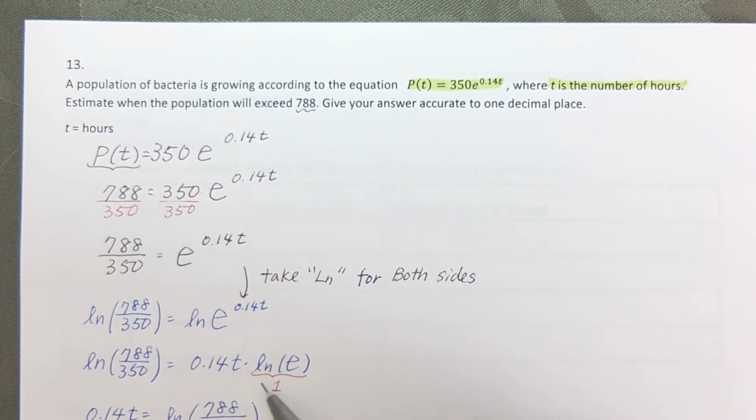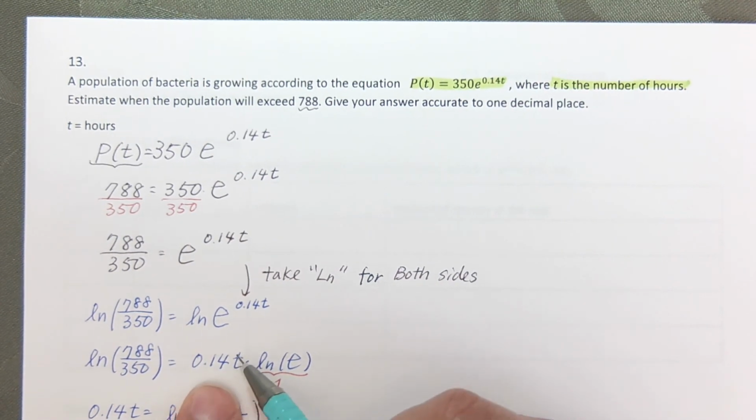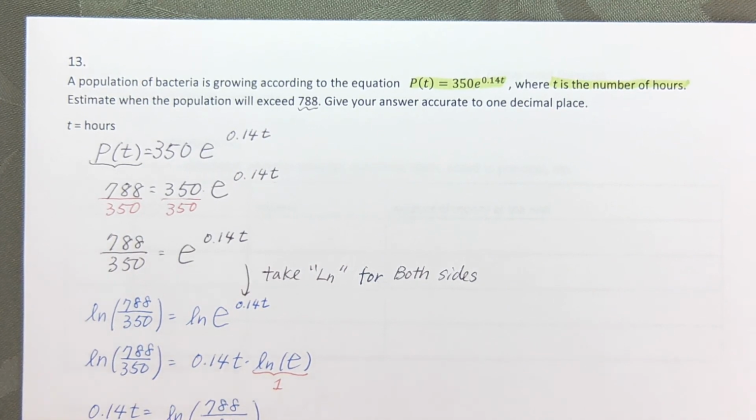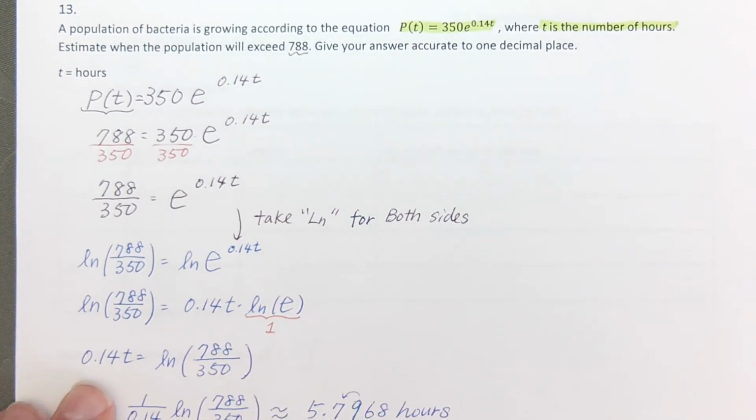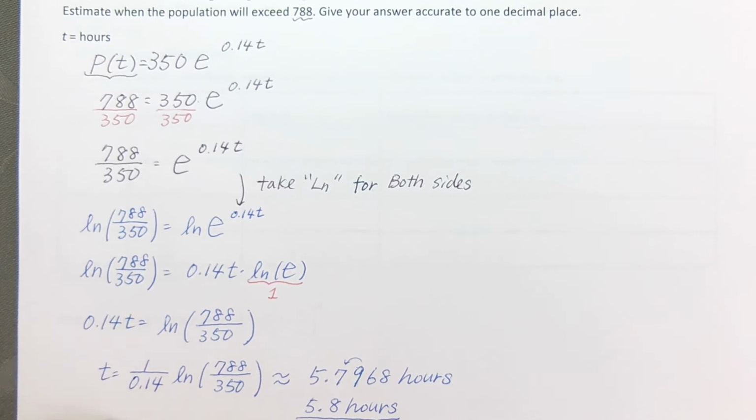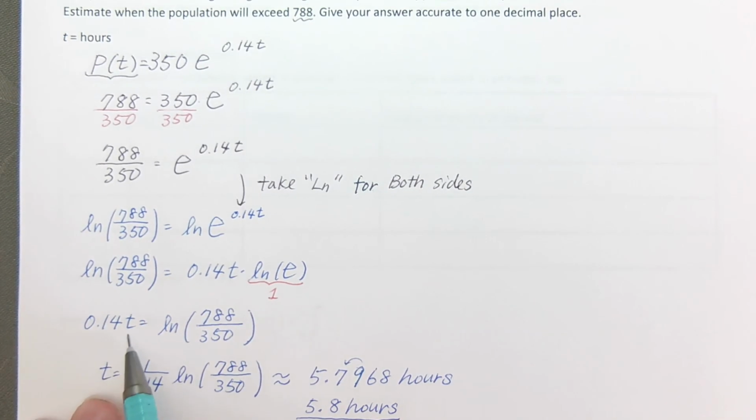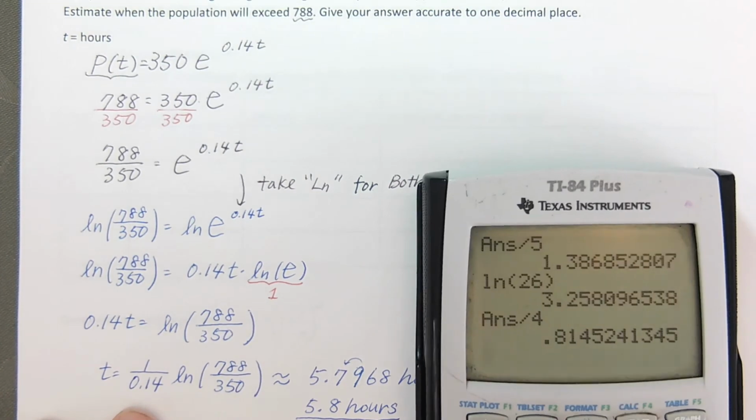That, of course, comes down and goes away. So the 0.14t is now over here. Log here, I just rewrote it. To get t by itself, I'm going to divide both sides by 0.14. And let me show you in the calculator how I did this.